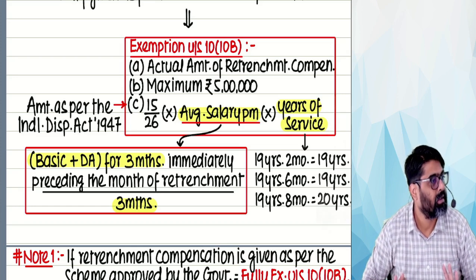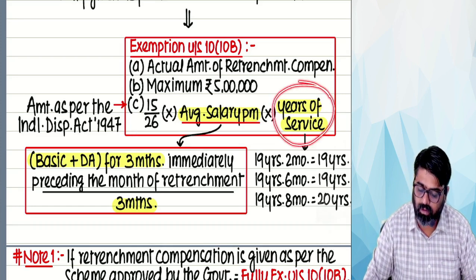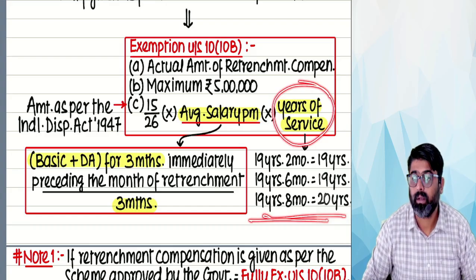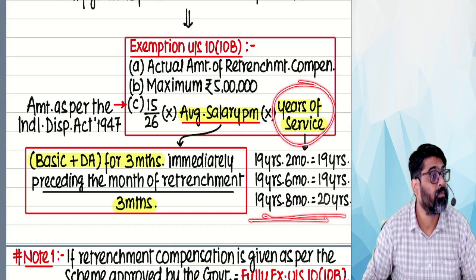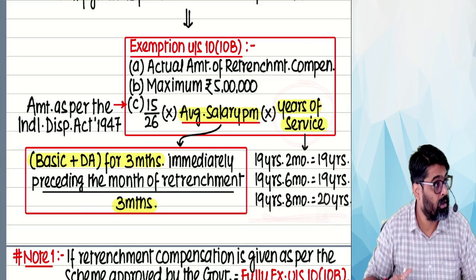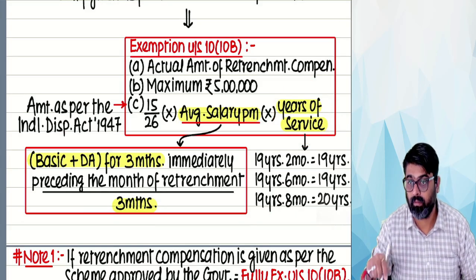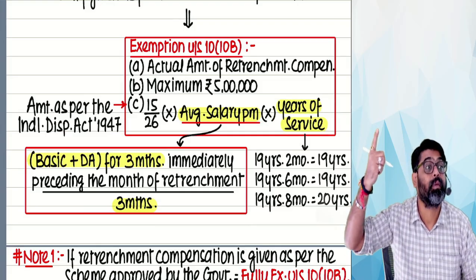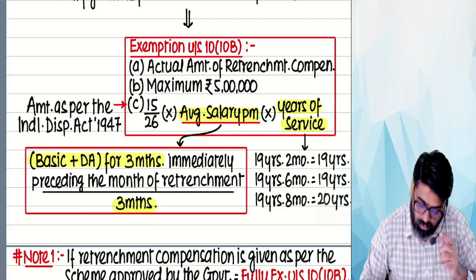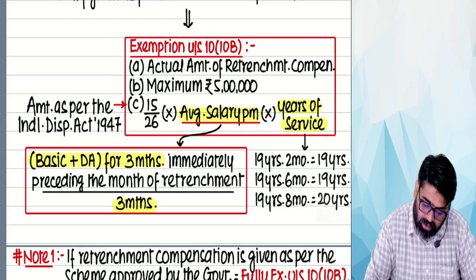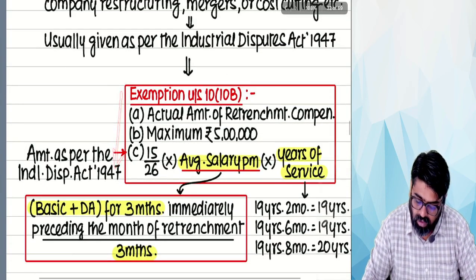Now this number of years of service, the logic is the same. Here also the fraction of a year is taken as a full year if the fraction is more than 6 months, as you have done in the earlier discussion. So now you are supposed to calculate these three limits. The lowest of them will be the exemption.